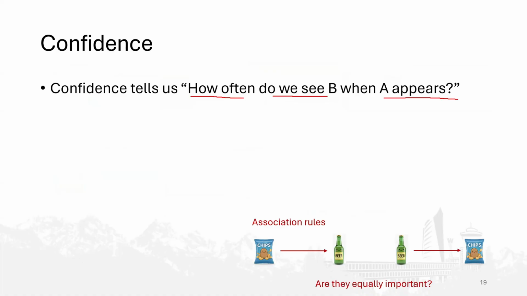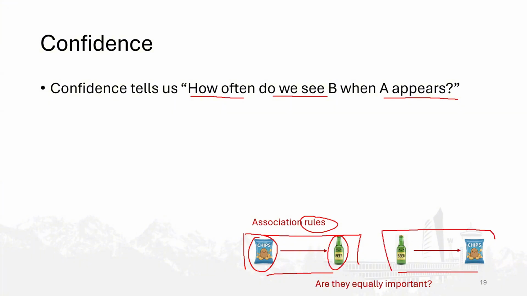So you can see from the rules, the conditions are different. These 2 rules tell us different things. The first rule is saying that if we see the customer buy chips, how likely the customer will also buy beer. And the second rule is different. If the customer first buys a beer, then how likely the customer will buy chips, right?